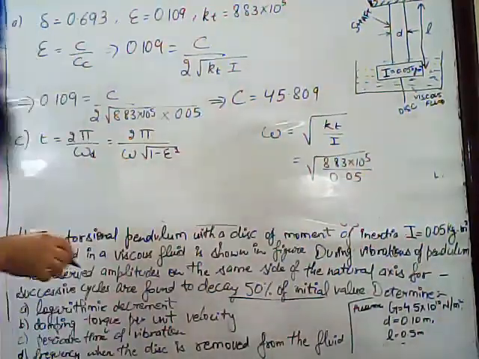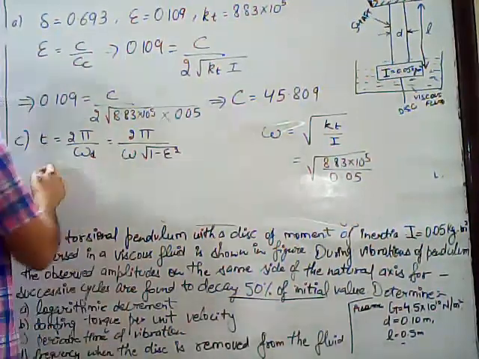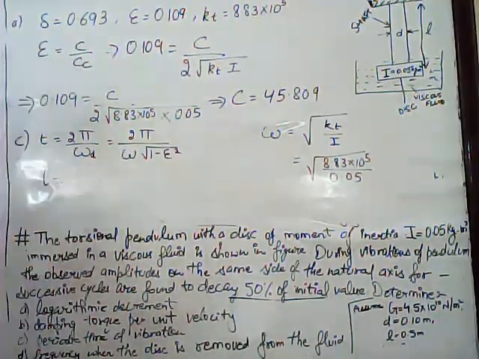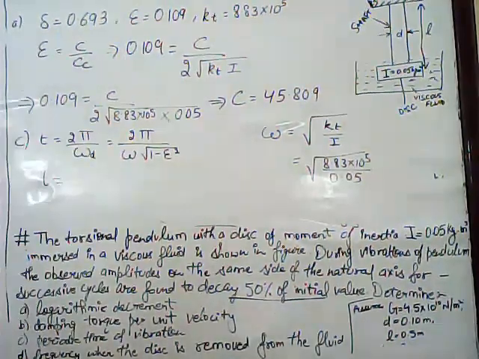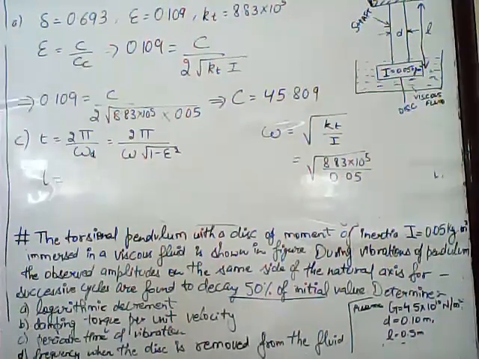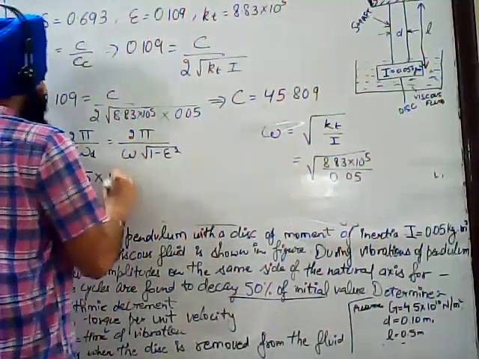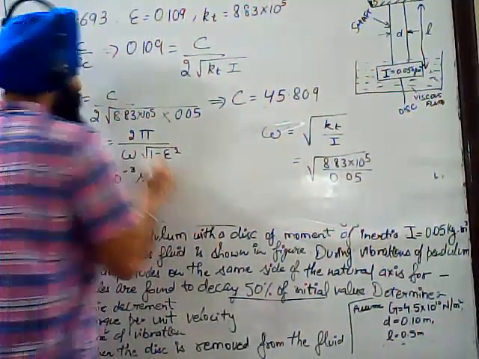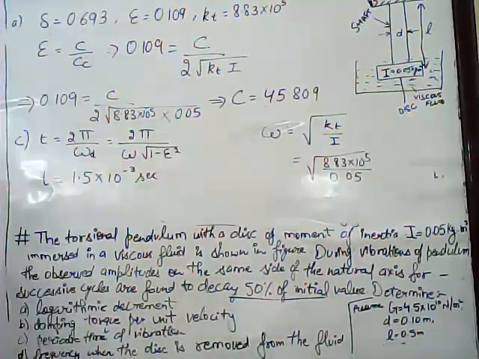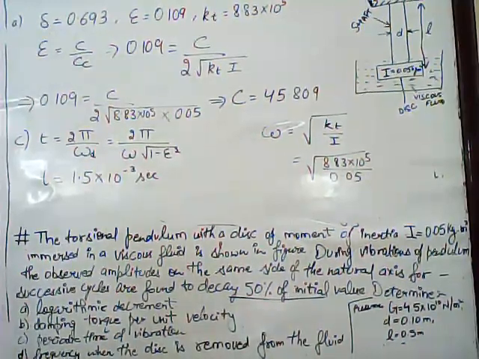So this is the value of omega. Put the value of omega and epsilon, and we can calculate the value of time period. Simply put all the values, and the value of time period will be 1.5 into 10 raised to the power minus 3 seconds.